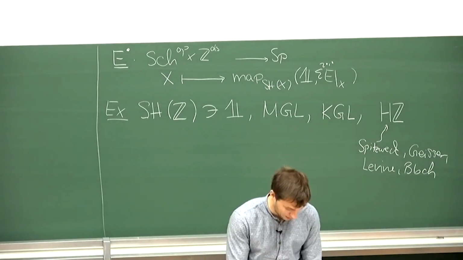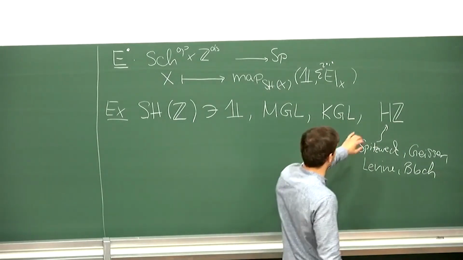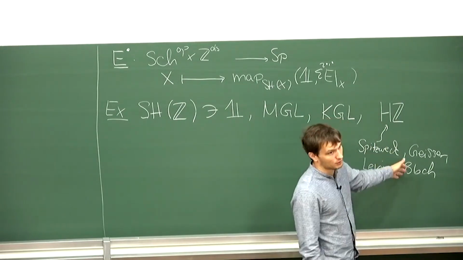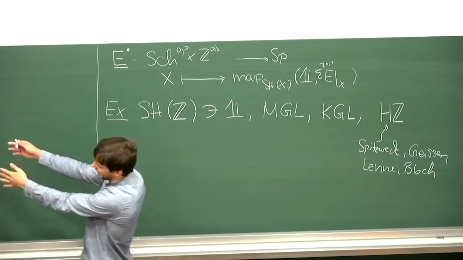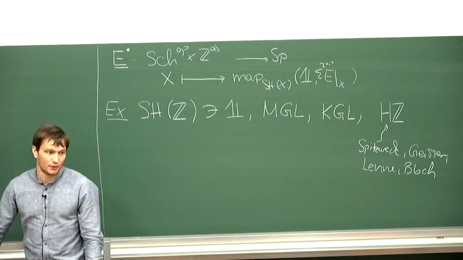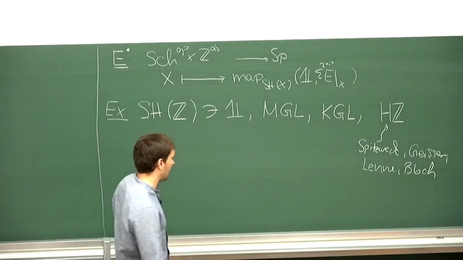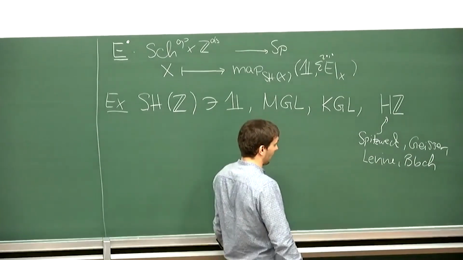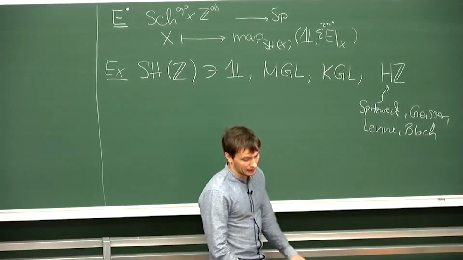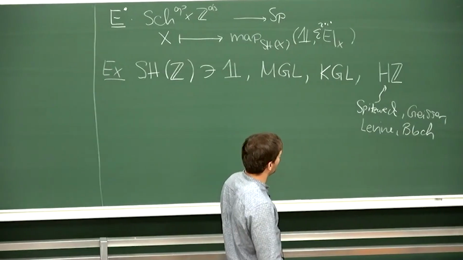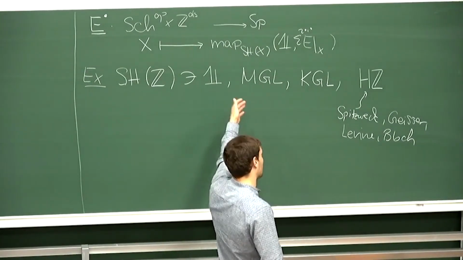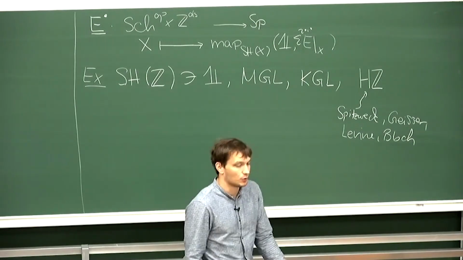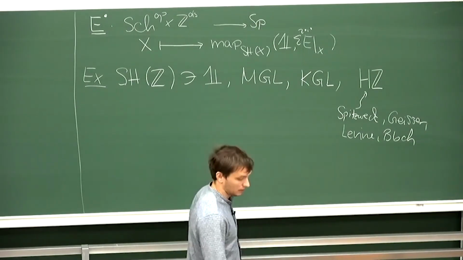But okay, so somehow these people managed to construct this guy, and it means higher Chow groups for smooth schemes over the integers. And so now you can stick it into my factory, and you get out a theory for every scheme, right? Any scheme that you want. And so the main aim of my talk is to explain what happens if you take some random scheme and not something smooth over the integers or some Dedekind domain.